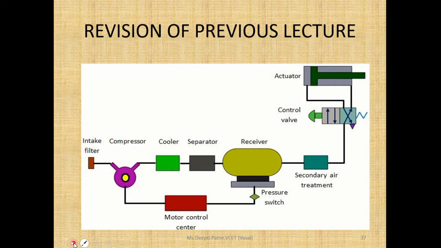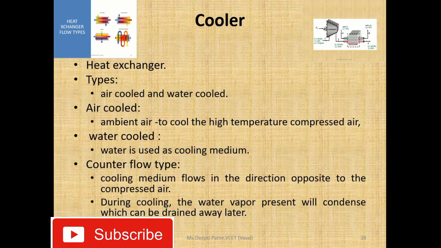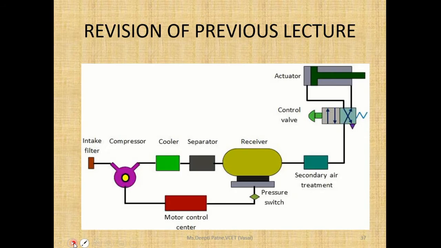Then it is very harmful for the pipes and equipment. In order to remove that, we are doing it very carefully. First we are cooling it down, because this high temperature is not required. If I store it in the receiver at this high temperature, a blast may take place, or the pressurized gases may start buzzing or destroying the equipment. In order to avoid that, I am using a cooler there.